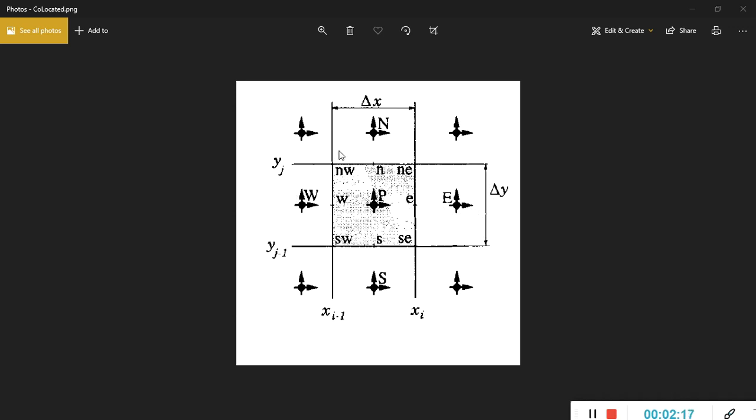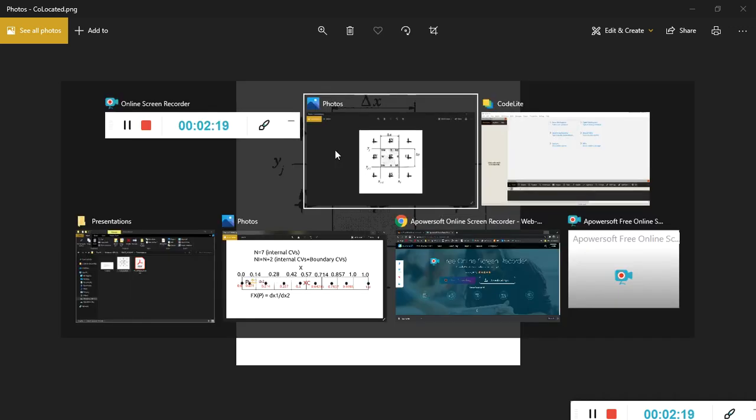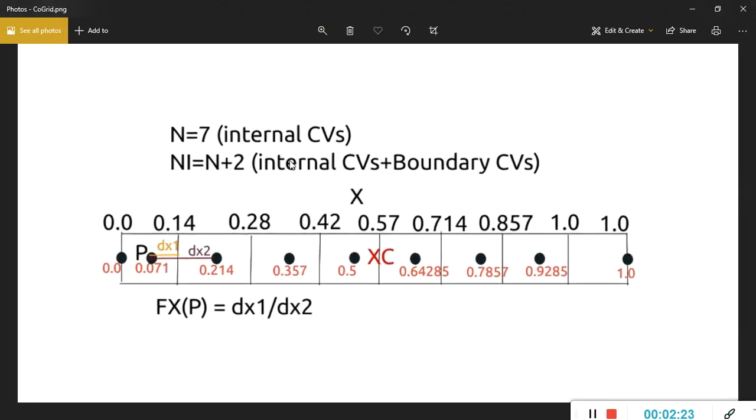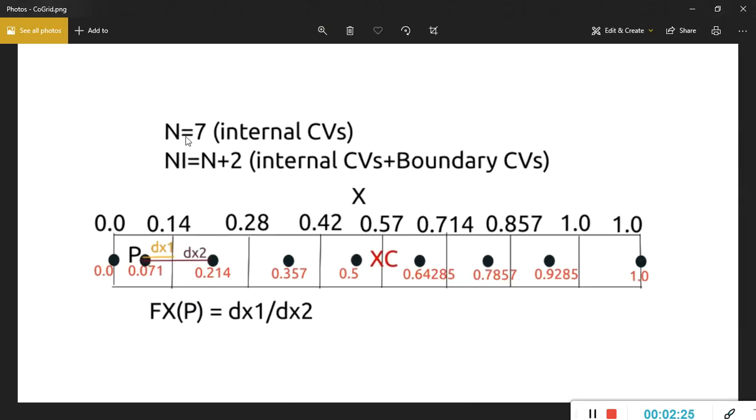Now let's have a look at a more important picture in which we will discuss. So it's really important that you understand this particular picture. So I'll try to make it as clear as possible. So we have a total length of, let's say, 1 meter. Now there are 7 internal control volumes or cells.